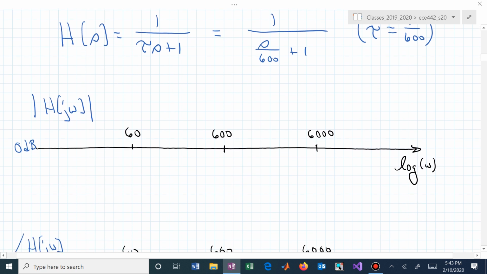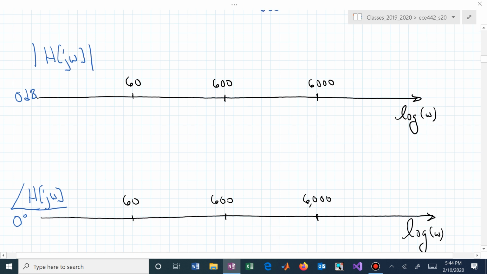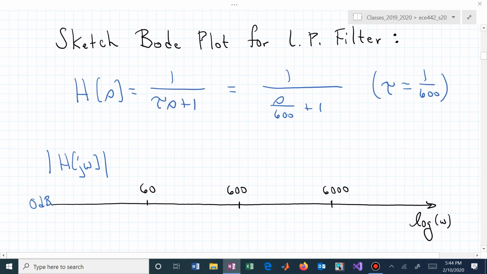The Bode plot has two pieces. How do we sketch the magnitude piece? Or what do we sketch? And I've already labeled it. That's sort of a hint, I hope. Our transfer function now is 1 over s over 600 plus 1. What form is that written in?